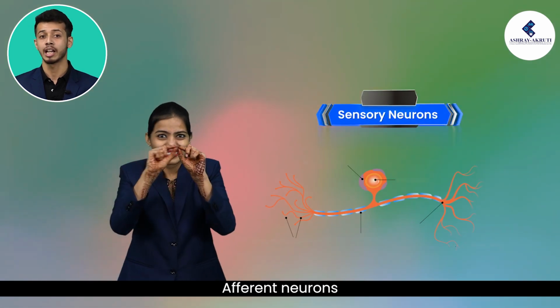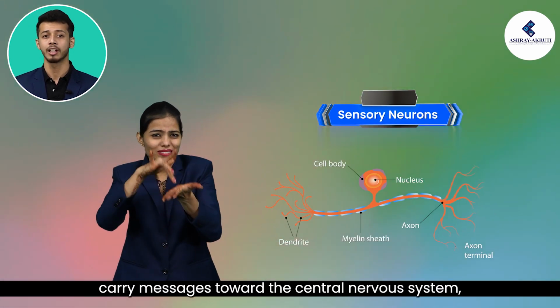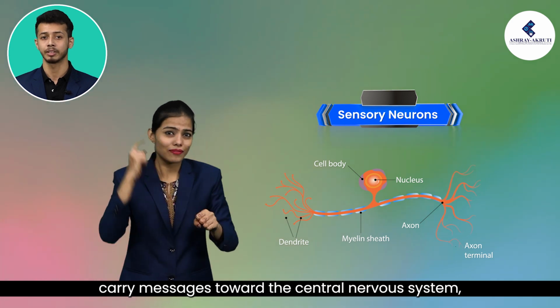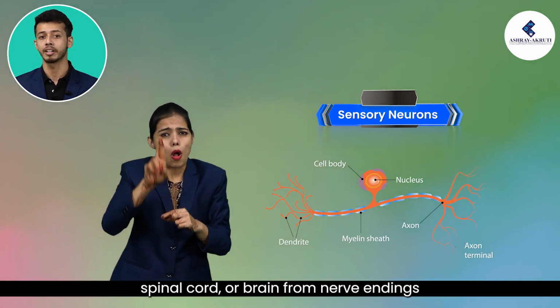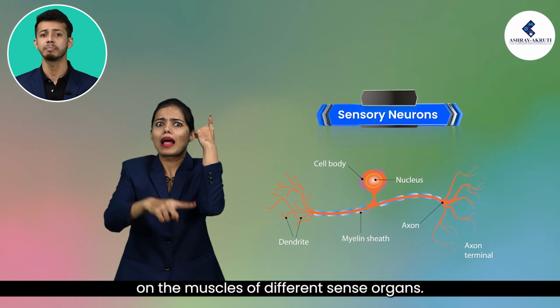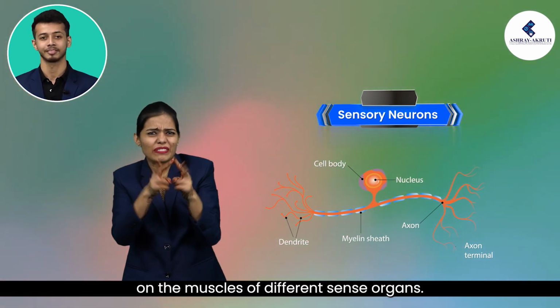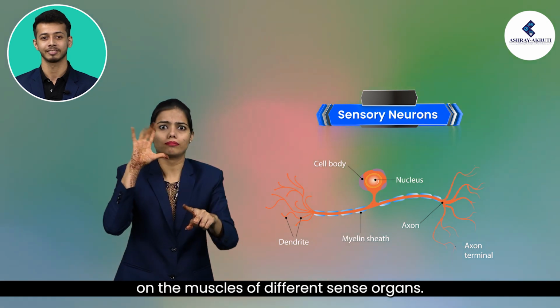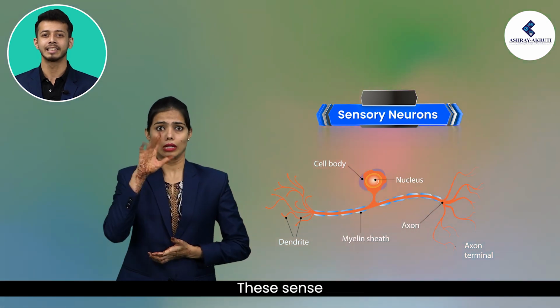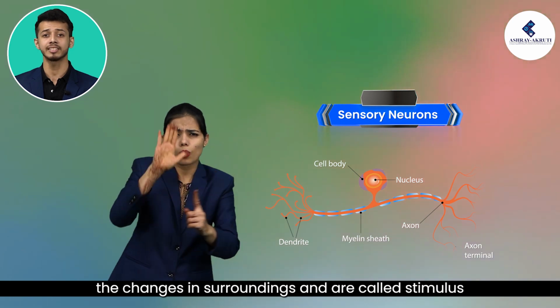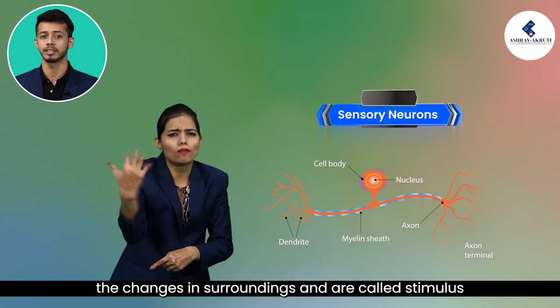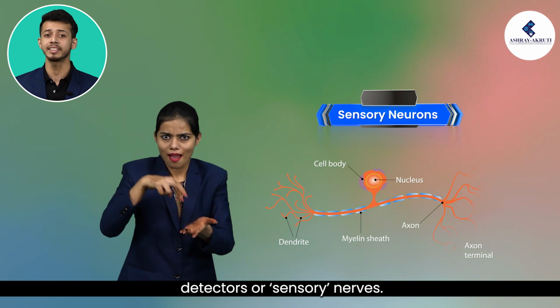Afferent neurons carry messages toward the central nervous system, spinal cord, or brain from nerve endings on the muscles or different sense organs. These sense the changes in surroundings, called stimuli, and are called detectors or sensory nerves.